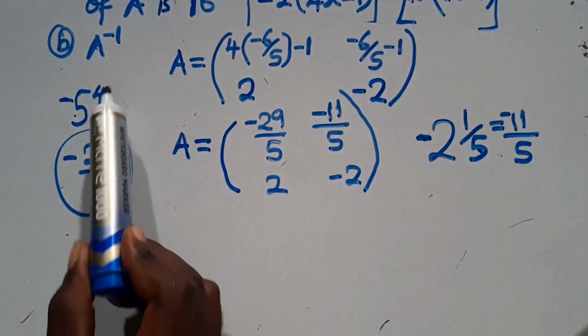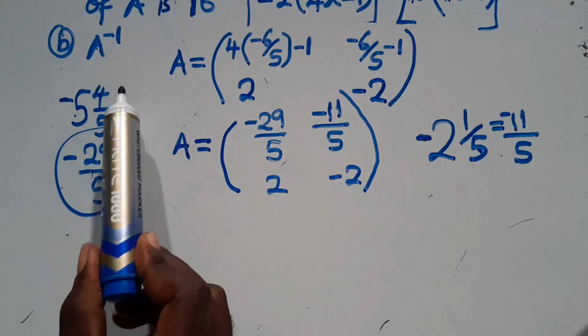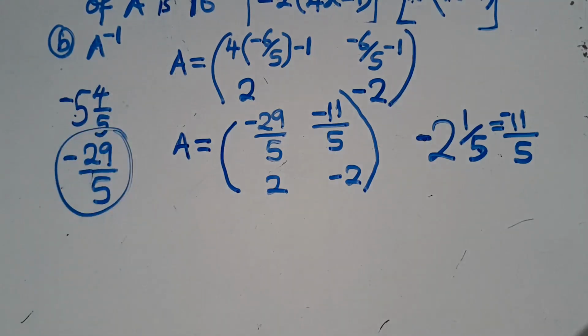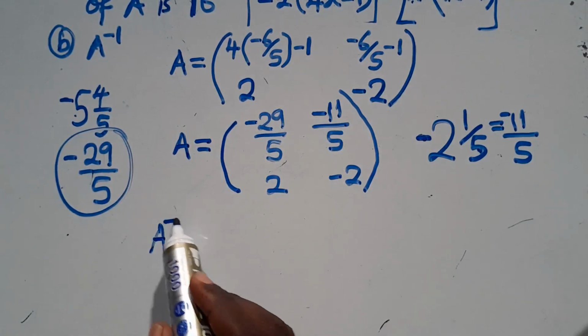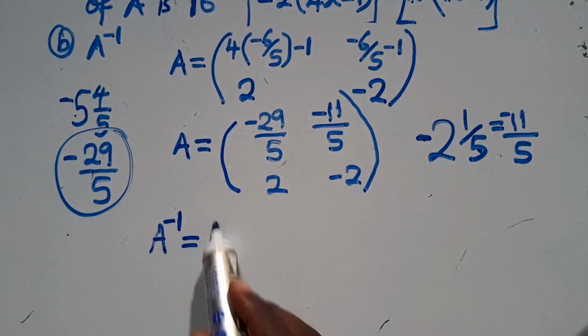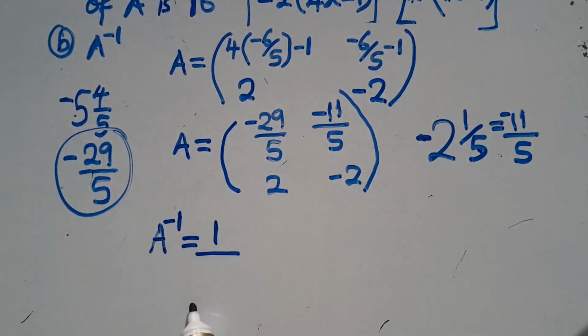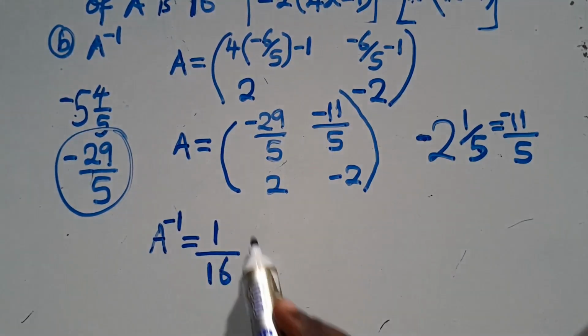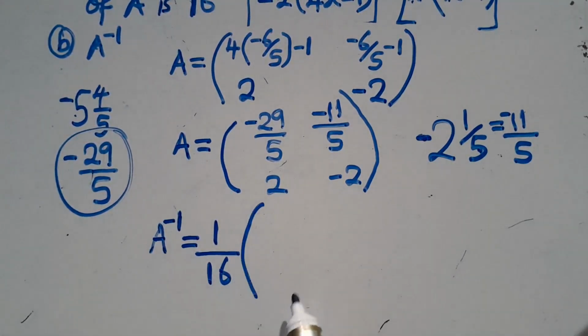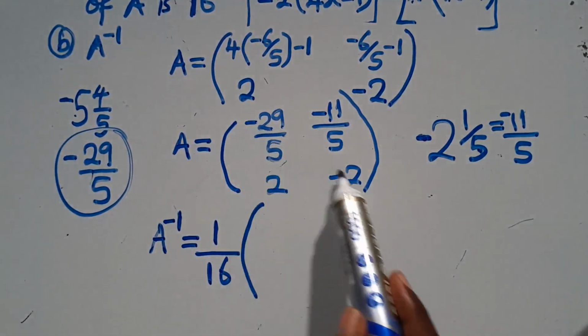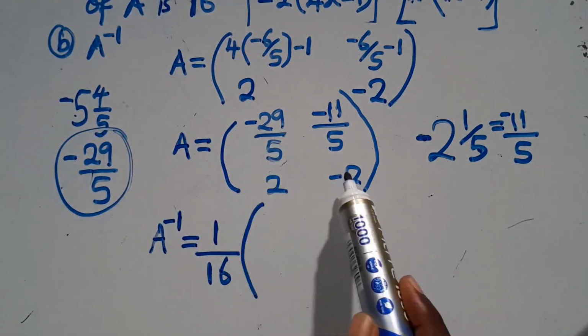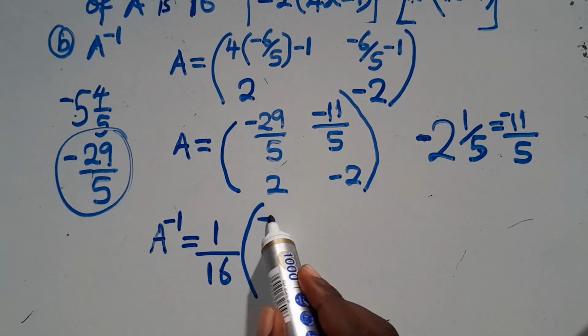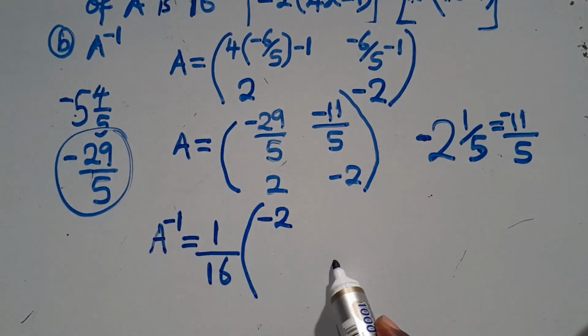So when a question comes with a power of negative 1, it is just the same as what you are taught: to find the inverse of that particular matrix. So you say A inverse is equal to 1 over, what is the determinant? The determinant was 16. So you put a 16 there. You know that in the major diagonal, positions will change. A negative 2 goes there.